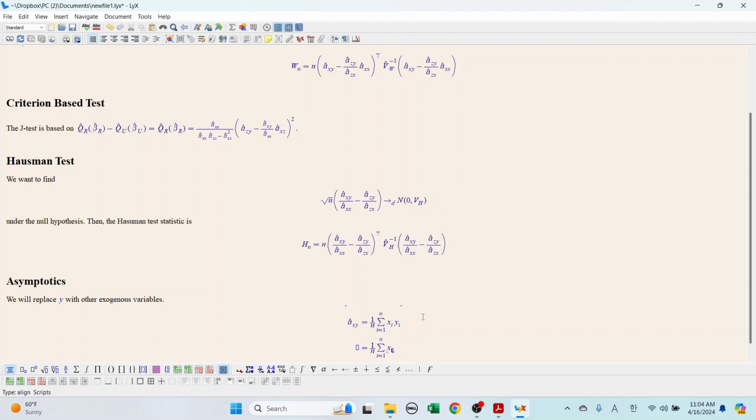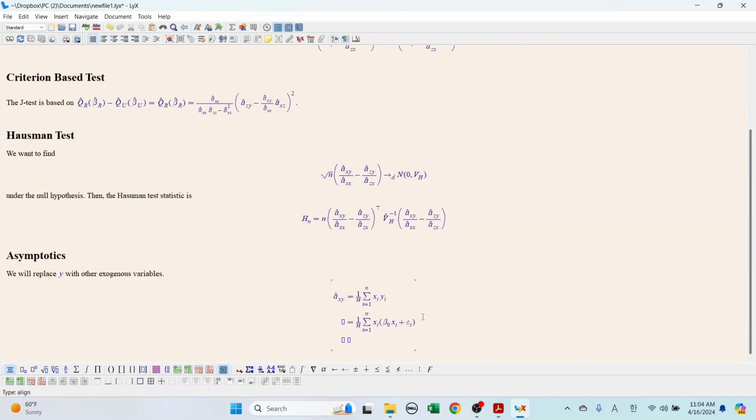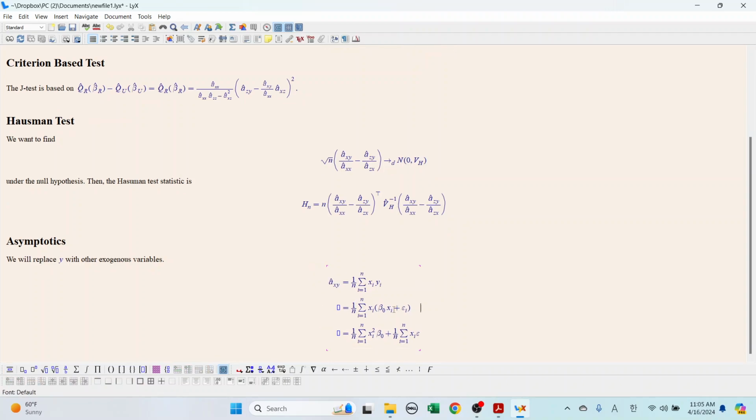I recommend writing it this way: x_i squared beta 0 plus x_i epsilon_i, right?